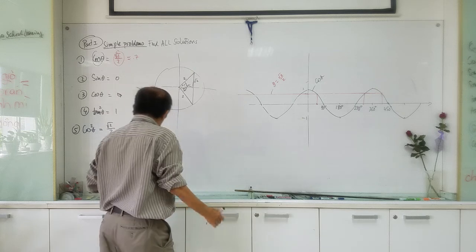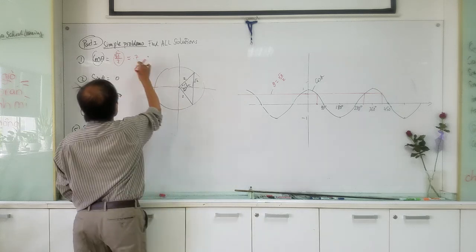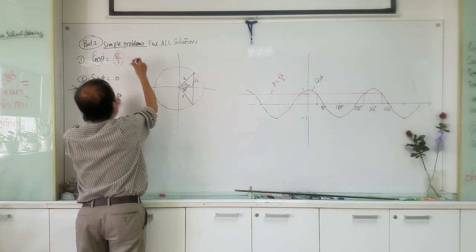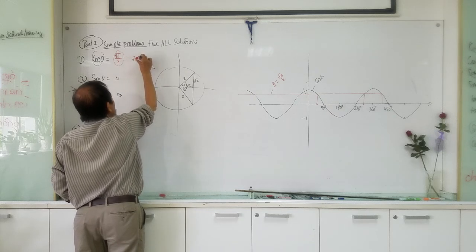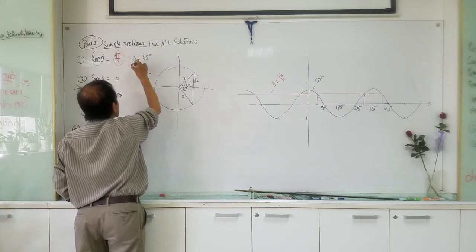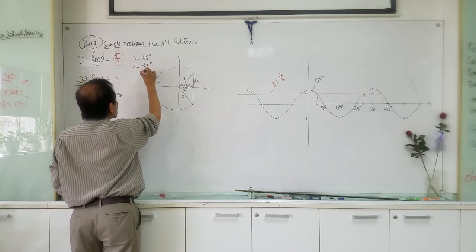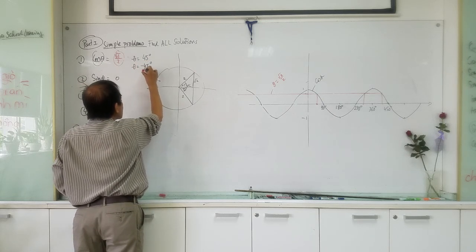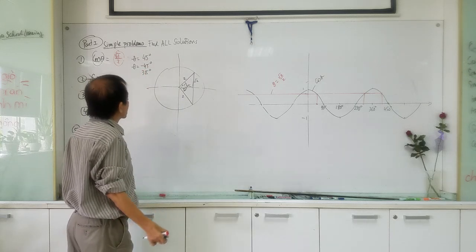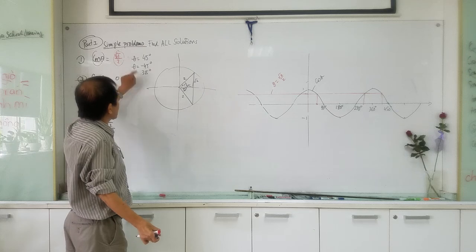So the solution we found is theta equals 45 degrees, and also theta equals negative 45 degrees, or 315 degrees. So you have two sets, this one or this one.